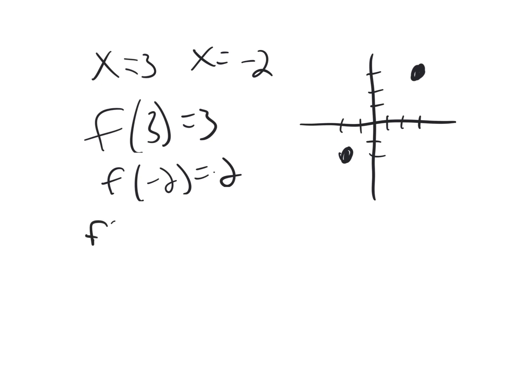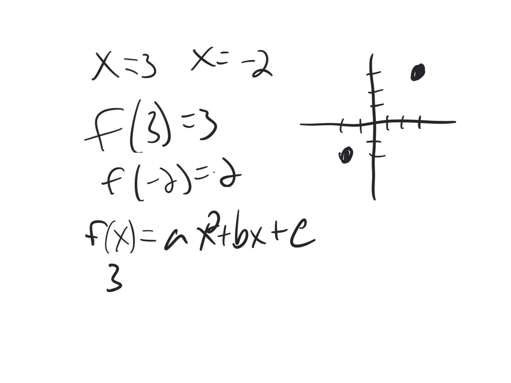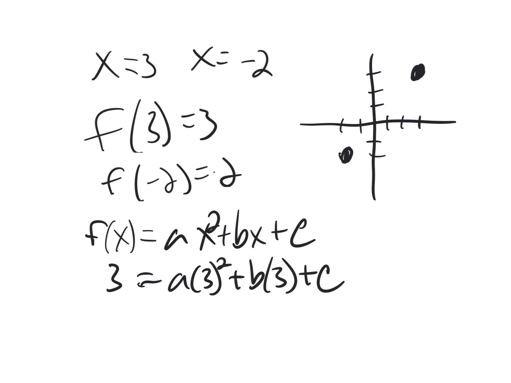I know that these quadratic functions look like ax squared plus bx plus c. If f of 3 equals 3, then 3 has to equal a times 3 squared, which is 9, plus b times 3 plus a constant.